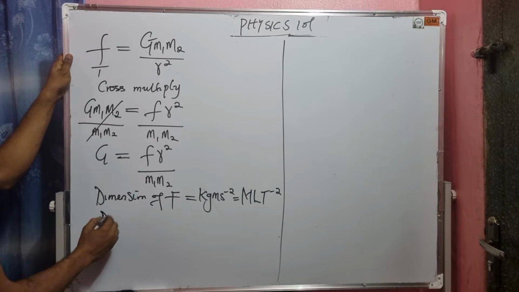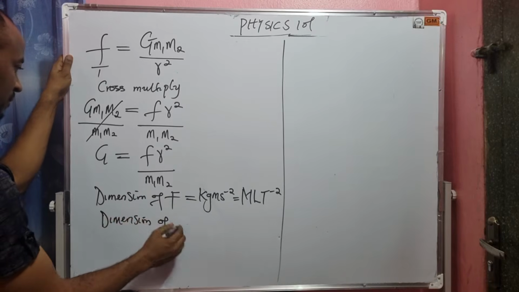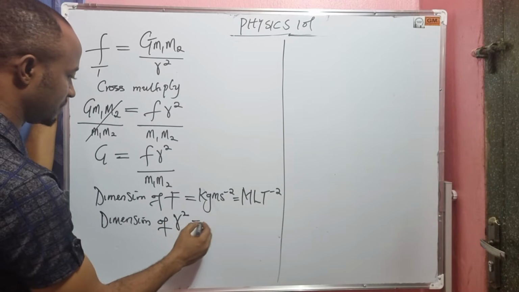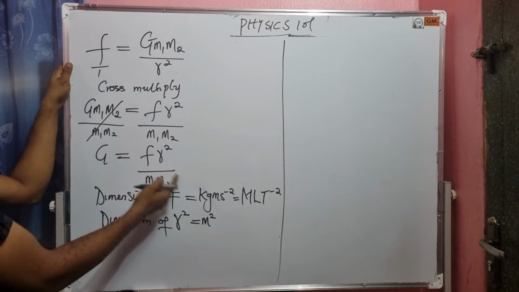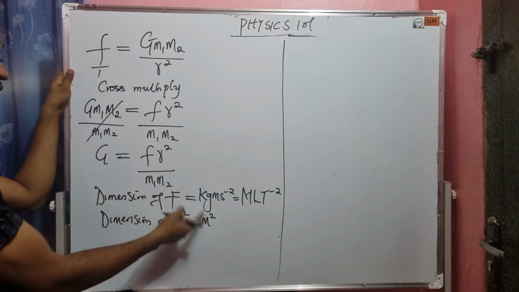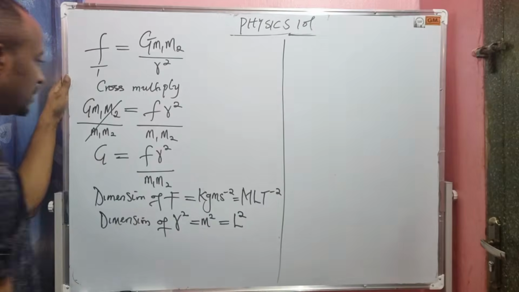So dimension of radius squared is simply meter squared, right? Radius squared simply means radius times radius. So radius has the dimension of the unit in meter, so this will give us L squared.